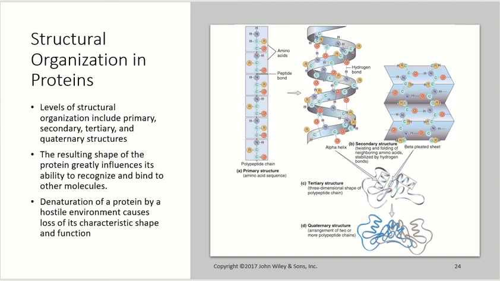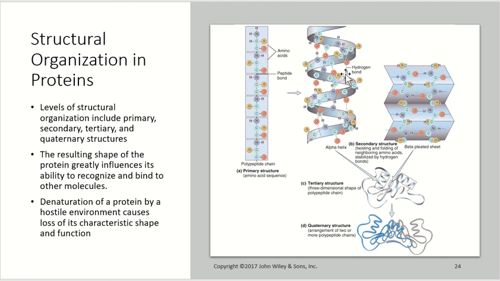Secondary structure is going to be the twisting and folding of those neighboring amino acids, stabilized by hydrogen bonds that form between our various amino acids. Then our tertiary structure is going to be the three-dimensional shape of our polypeptide chain.